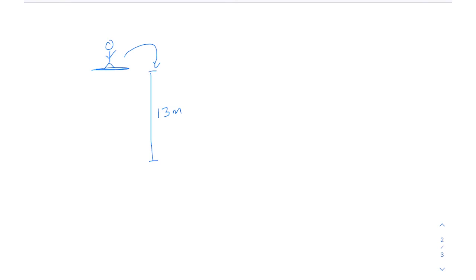So here we're going to have an initial velocity of 0 the moment we step off that ledge, right? And then we're going to have some sort of final velocity that we don't know yet. That would be helpful to find out.